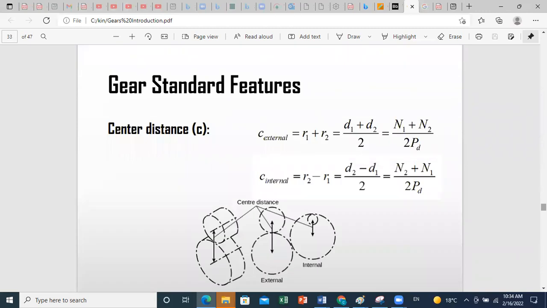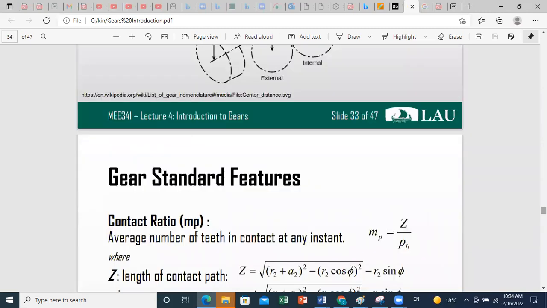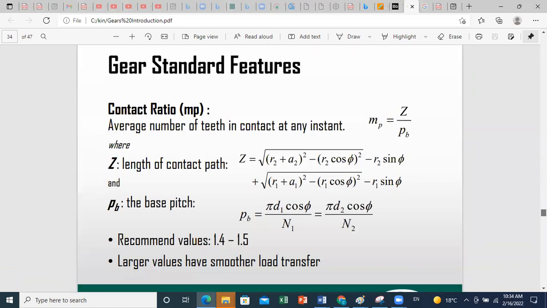Now we have another parameter that is a little bit more complex, called the contact ratio. This parameter represents the average number of teeth in contact at any instant. During operation, you might have variation in the number of teeth in contact; not at each instant will you have the same number of contact points.